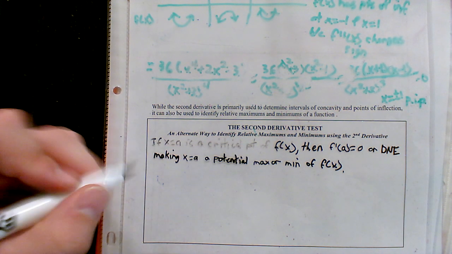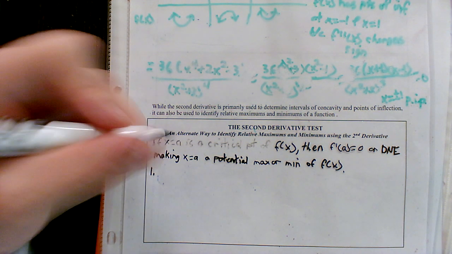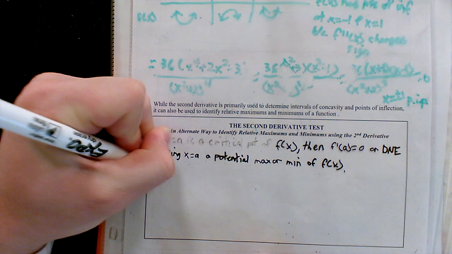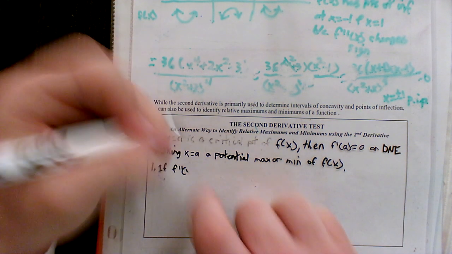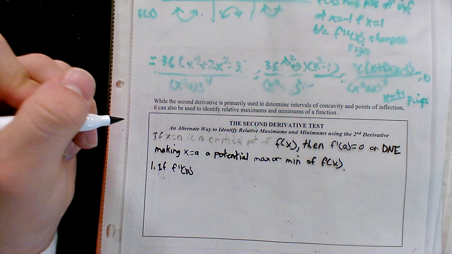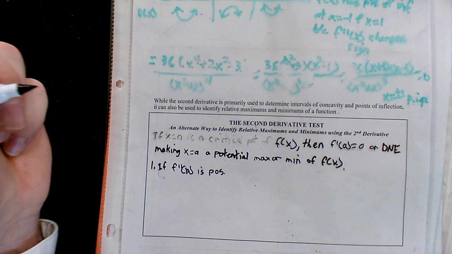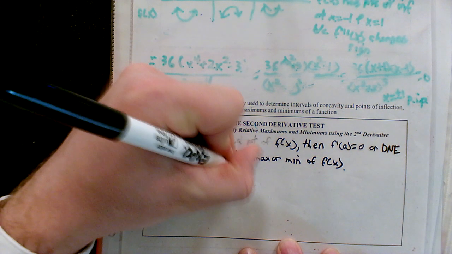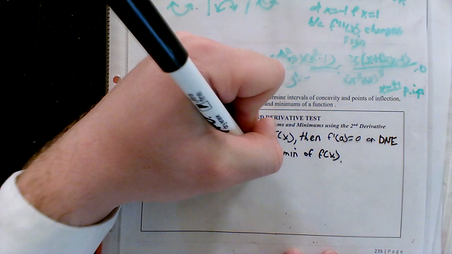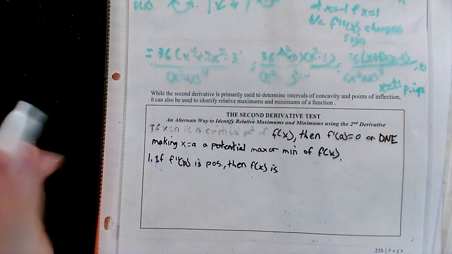Okay, now we have three statements to make underneath this. So the first statement: if f double prime of a is positive, then f of x is what?